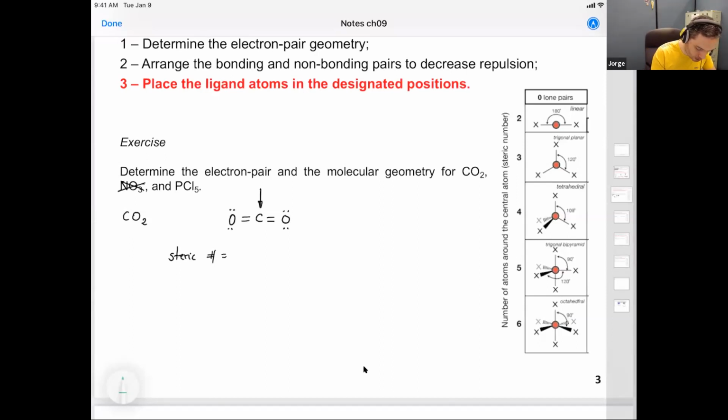So around the carbon atom, we have one double bond and another double bond. Therefore, the steric number for carbon is going to be 1 plus 1, which is 2. The steric number will tell us the electron pair geometry.